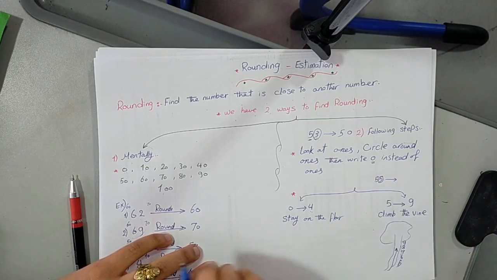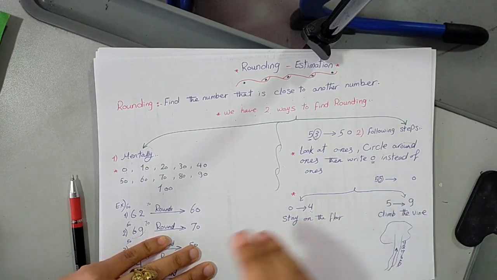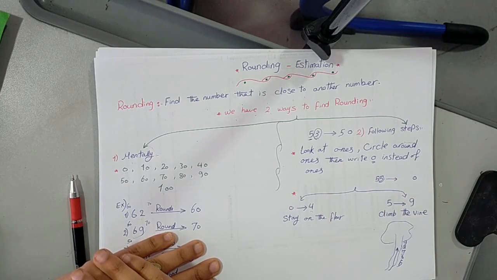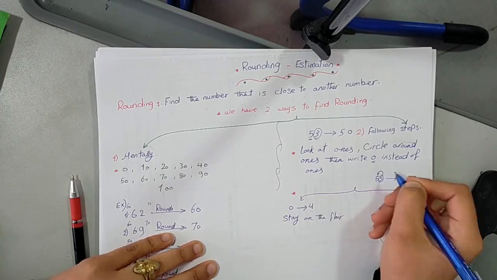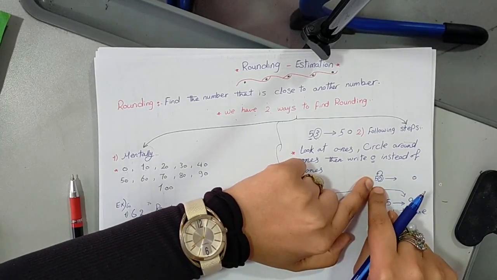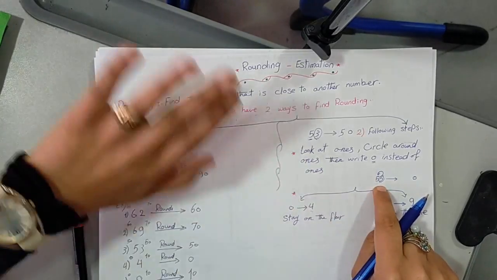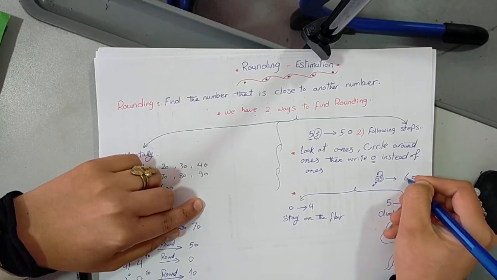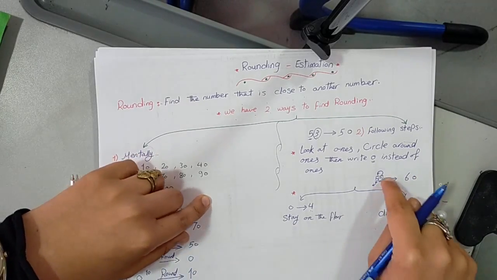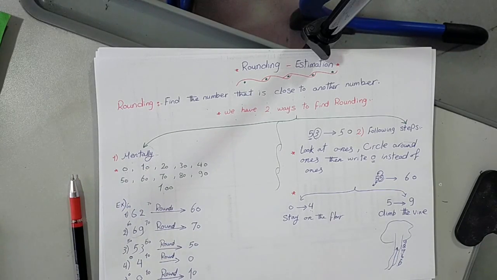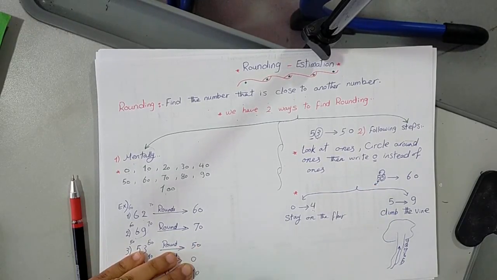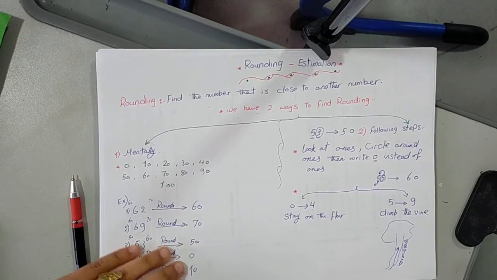Here, 5. Circle around ones and write 0 instead of ones. A number between 5 to 9, climb the vine. 5 has power to move tens into the next number. 5 will be 6. Why? Because this 5 is strong. Climb the vine can move this 5 in tens to the next number.